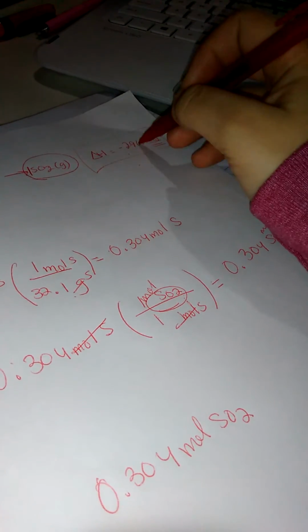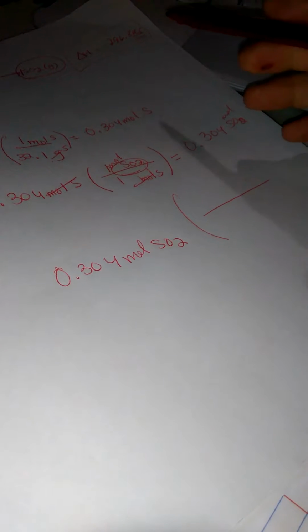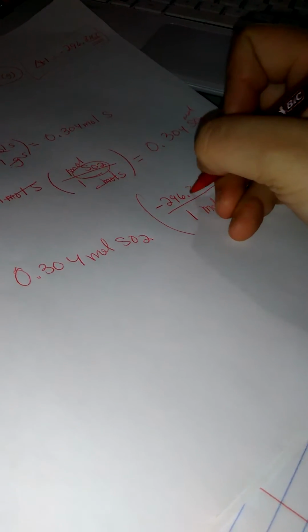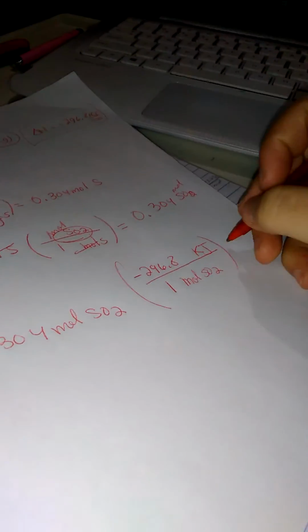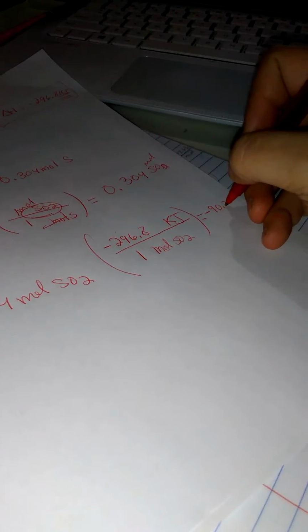So you want to put kJ, kilojoules, on the top, because that's what they're asking you for, and then moles of SO2 on the bottom, and it's always going to be 1 mole if we're talking about the enthalpy, and on the top is going to be 296.8. And the answer is going to be negative 90.22.